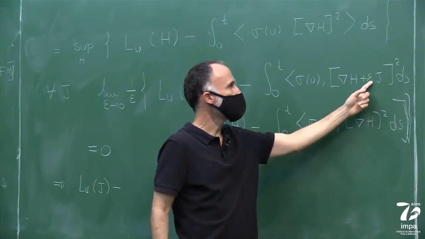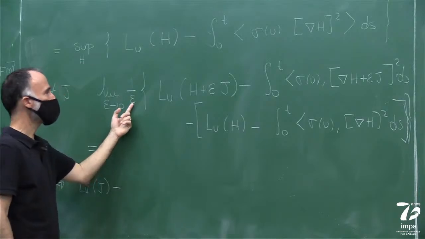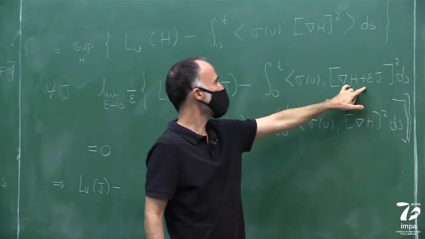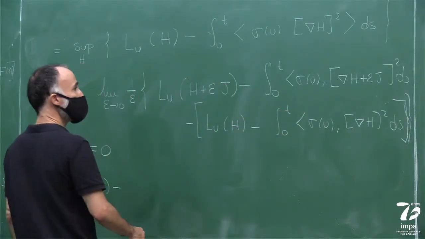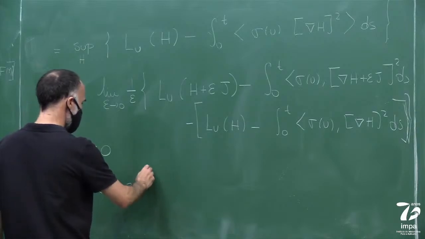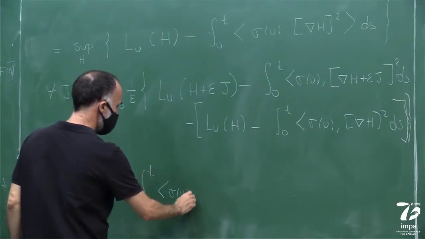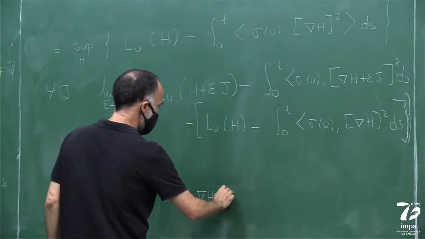There is a linear term in epsilon, and then an epsilon square term. So the epsilon square will vanish when you send epsilon to 0. So just this cross term here will be important, and the cross term will give you minus 2 times the integral from 0 to t of sigma of u, dh, dj.